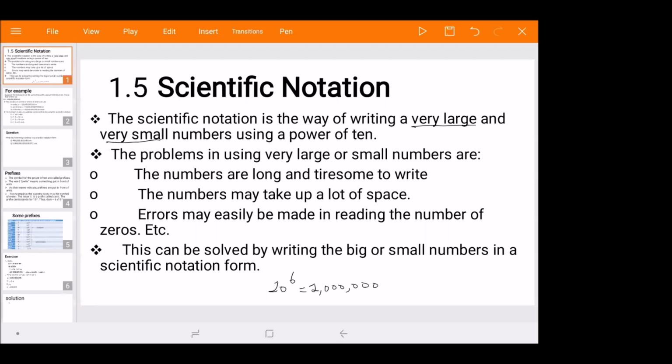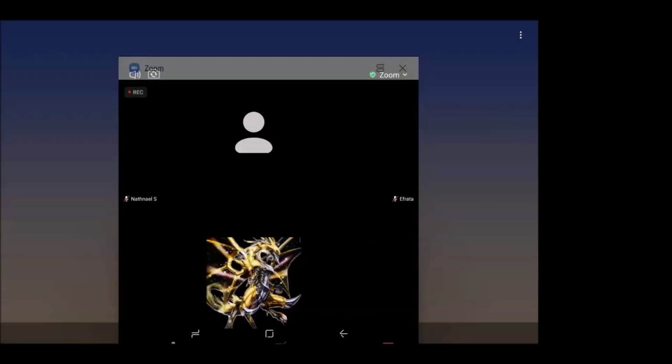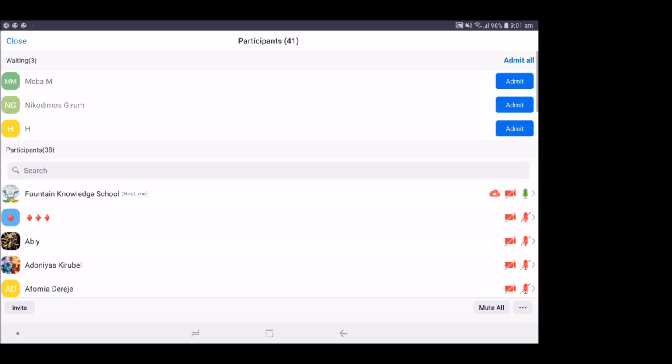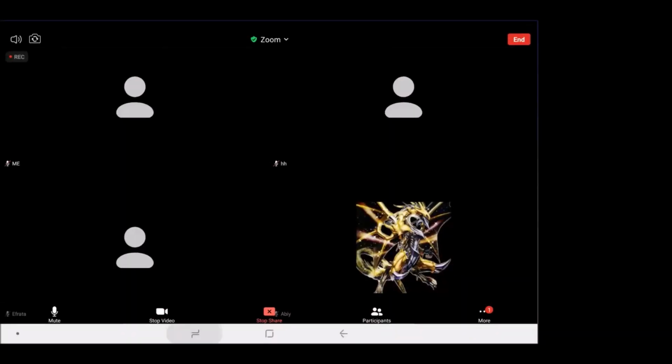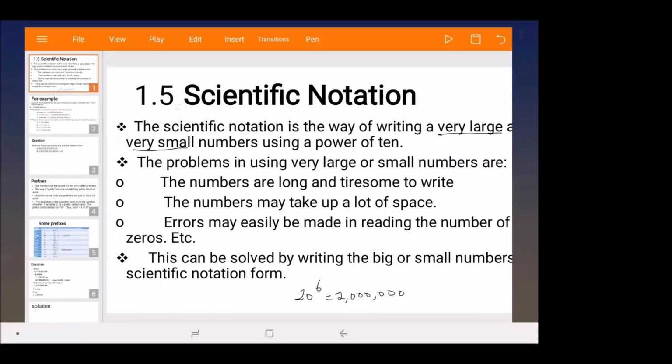By using scientific notation. For example, if you take the distance between the sun and the earth, it is about 150 million kilometers.